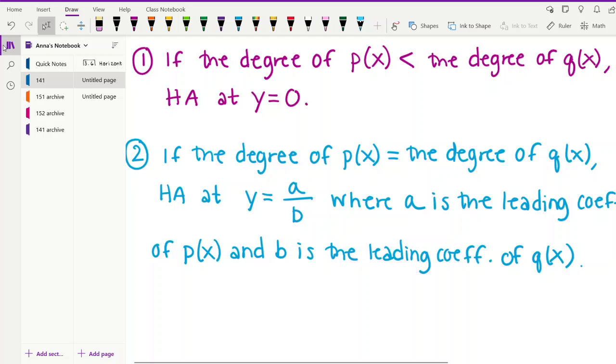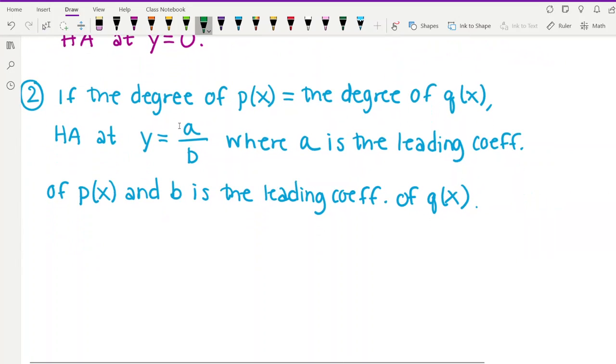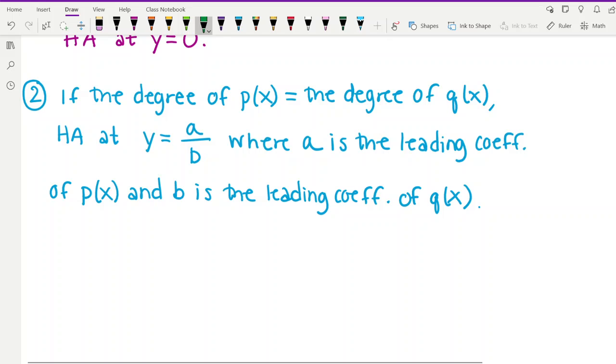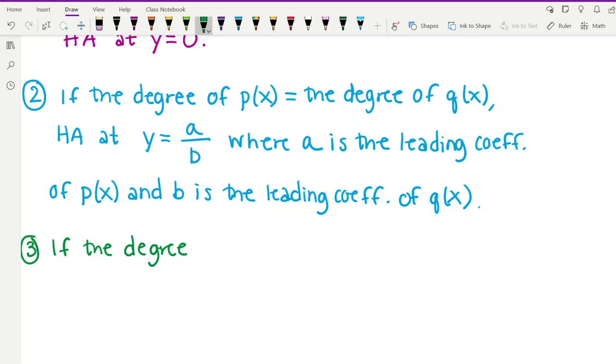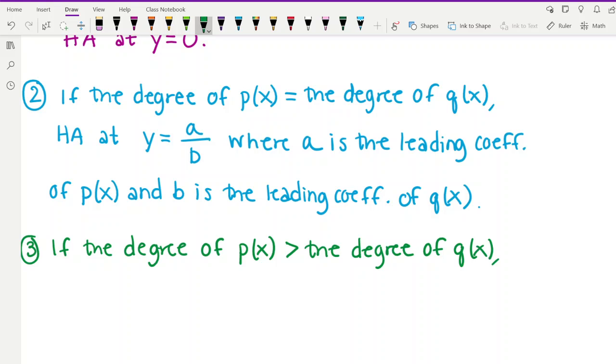So the final rule we can put on here is if the degree of the numerator is bigger, so if the degree of p of x is greater than the degree of q of x, there is no horizontal asymptote.